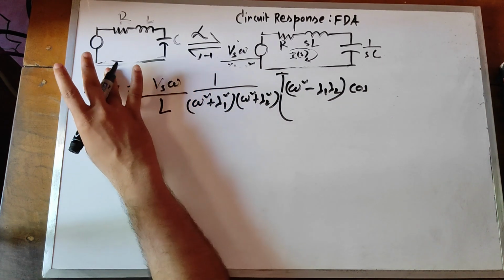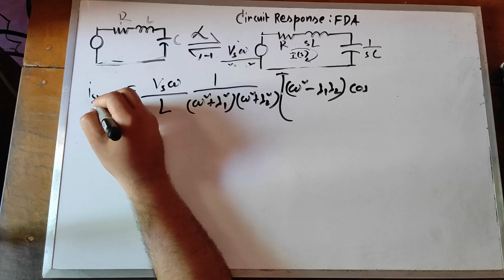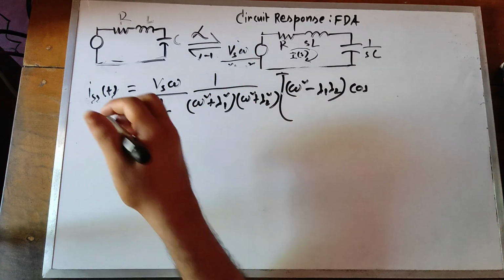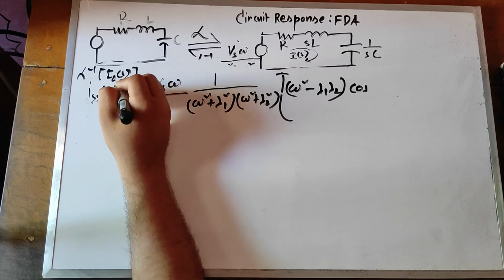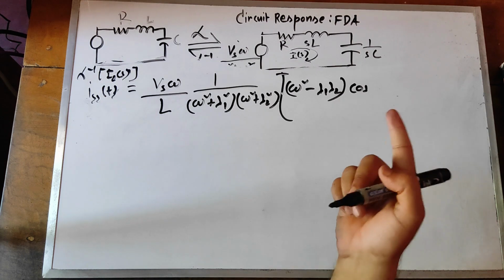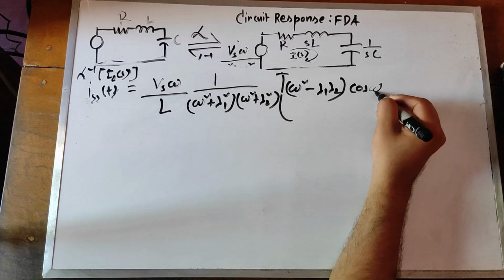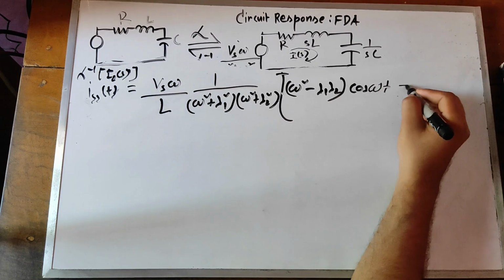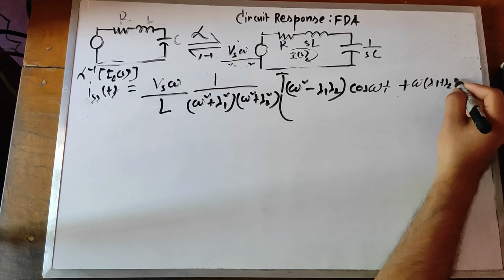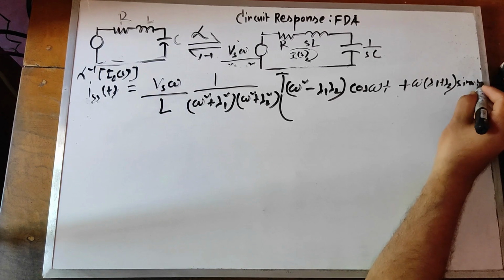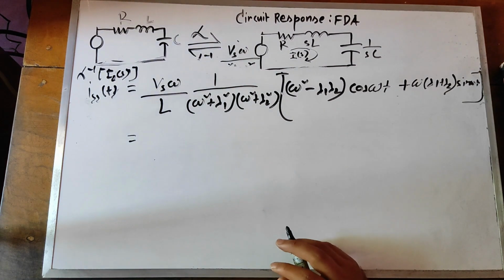So I had done the inverse Laplace transform, so this will become I SS. Obviously if I take the inverse Laplace transform, the second part of the current response in the frequency domain will give me the steady state response. So cos omega t plus omega lambda 1 plus lambda 2 sin omega t. So now I'm very close to the answer.